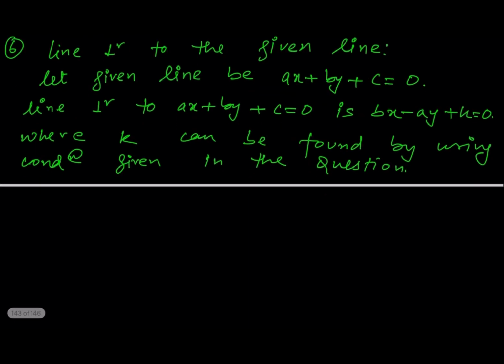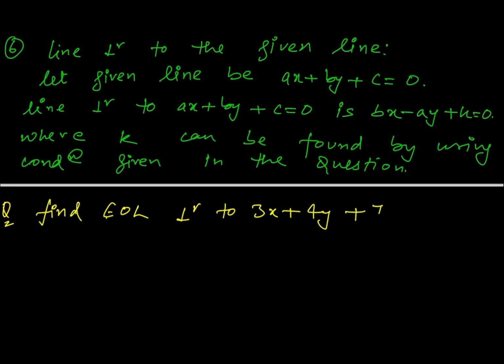Take an example. Question is: find the equation of the line perpendicular to 3x plus 4y plus 7 is equal to 0 and passing through (1, 2).